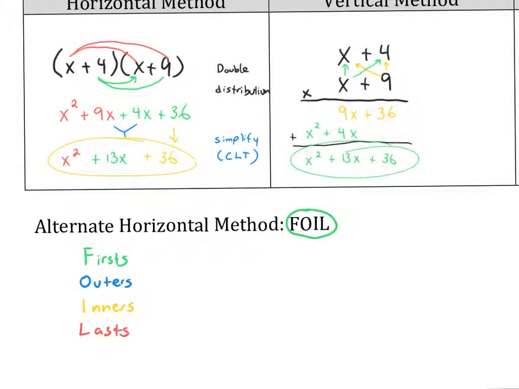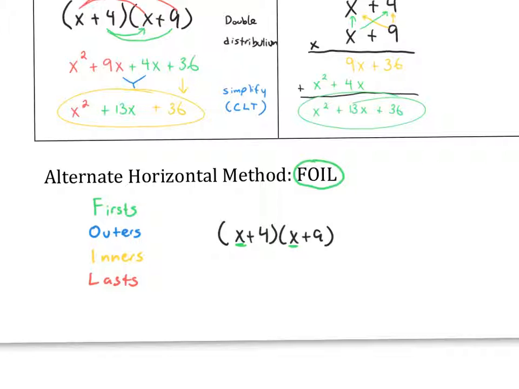So let's walk through that with this problem here. If I have x plus 4 times x plus 9. Okay, what are the firsts? Well, this guy here and this guy here are my firsts. So the firsts are x times x, which is just x squared.